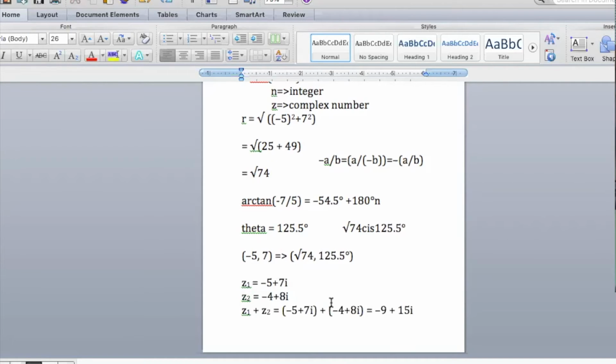And as you can see, it's really a trivial task, because we're going to use the associative and commutative property essentially to add like terms. We're going to add the real numbers together and get -9, and we're going to add the imaginary numbers together and get 15i. Pretty straightforward.